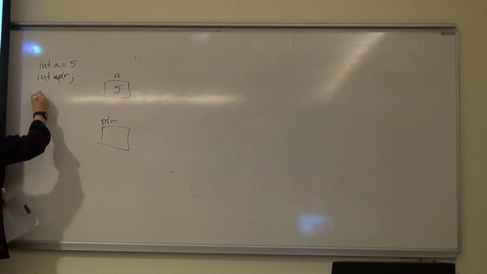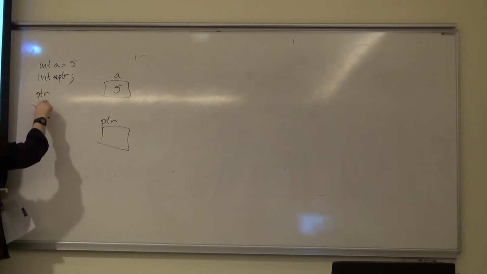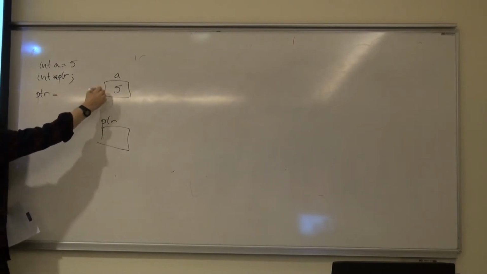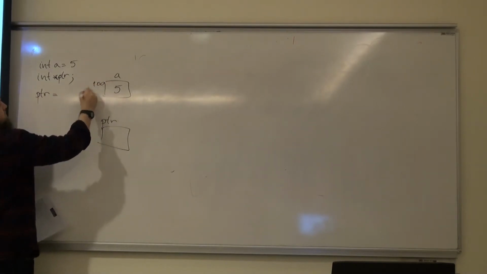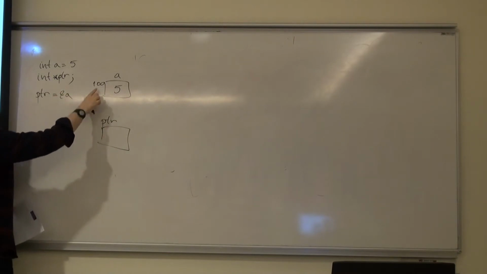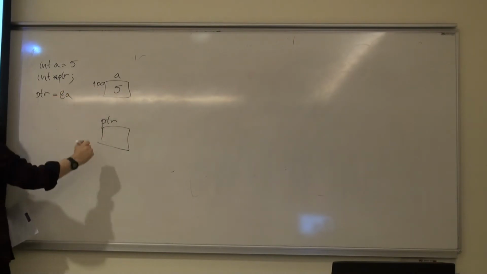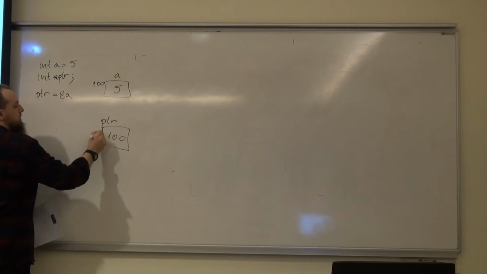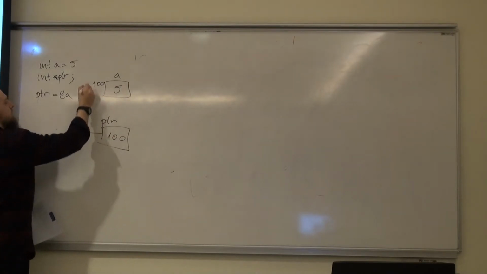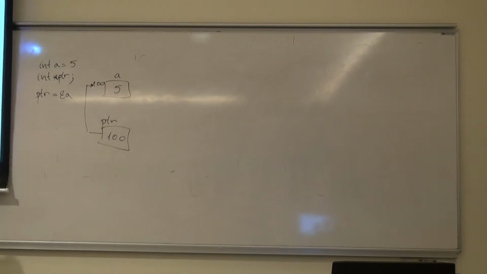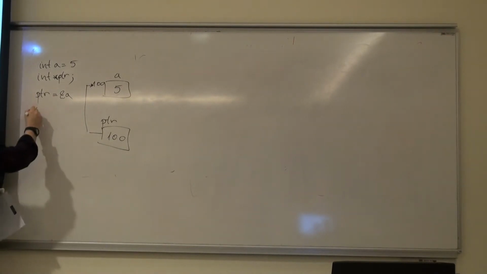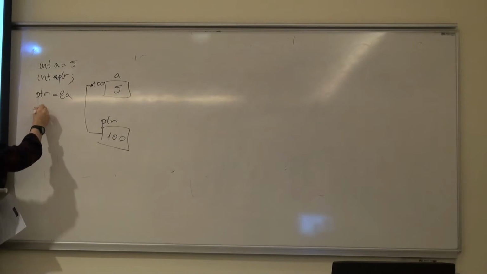If I want to initialize it, this is how I use it. ptr is equal to, let's say the address of this guy is 100, ampersand a, when ptr is pointing here. If I want to change the value, then I'm using star ptr. But pay attention.